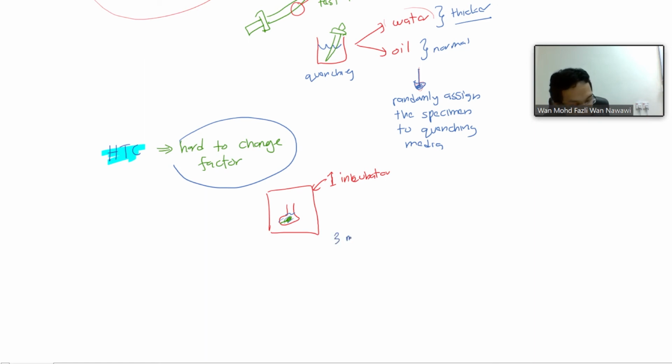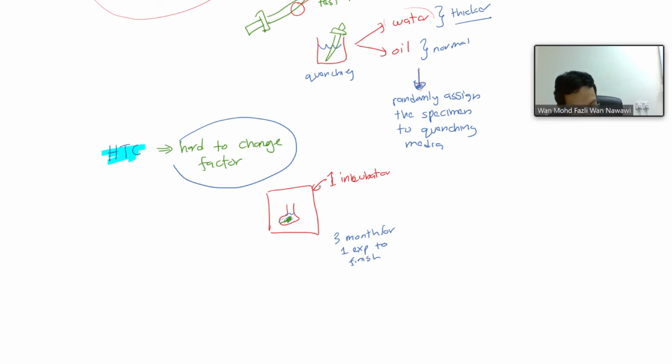Let's say it takes 3 months for one experiment to finish. This normally happens when you deal with fungus and so on. When you have one incubator, you can only set the temperature at one value at the moment. Meaning that if you set 37, it's always 37 Celsius until you change it.